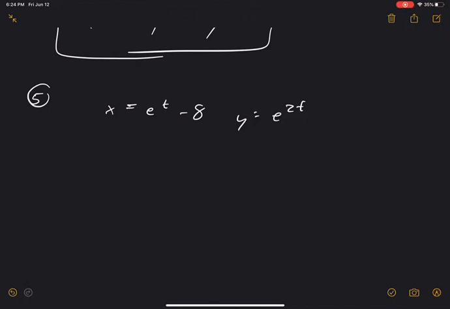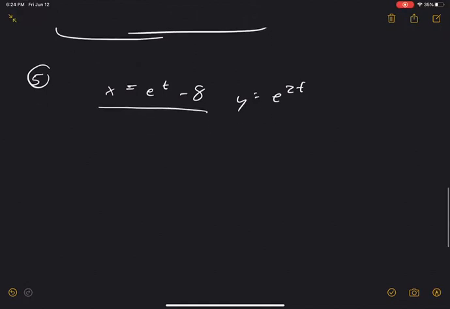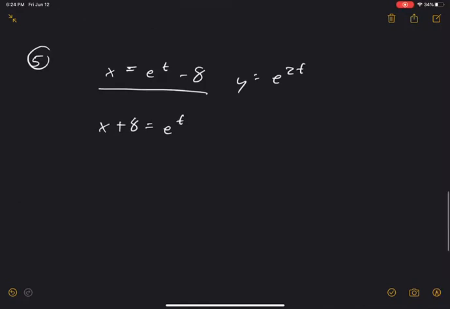So let's go ahead and solve for t in this equation here, all right? So I want to get t by itself in this equation. So the low-hanging fruit, the thing that's easy to do, is I just add 8 to both sides, okay? Then I get x plus 8 equals e to the t, okay? Now, I want to get t by itself. How do I get this t out of the power, right? I take the natural log of both sides.